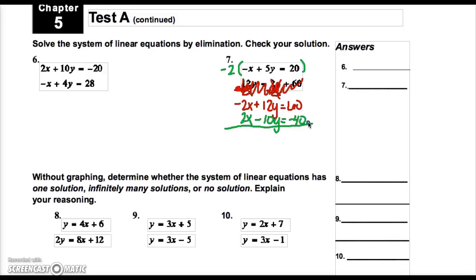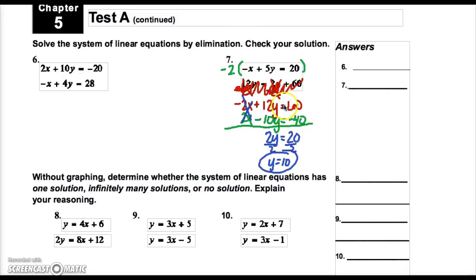Now we can add these two together. So negative 2x plus 2x, those are the opposites, so they're going to cancel. 12y minus 10y is 2y, and 60 minus 40 is 20. Whenever I divide by 2, I get y equals 10.